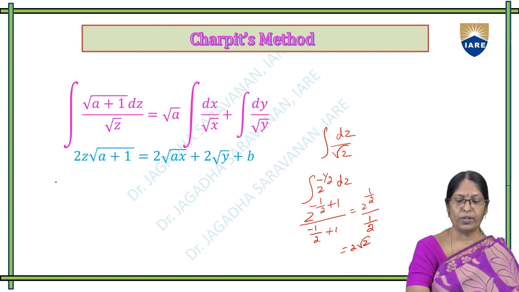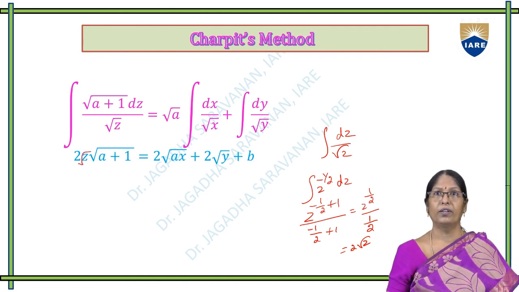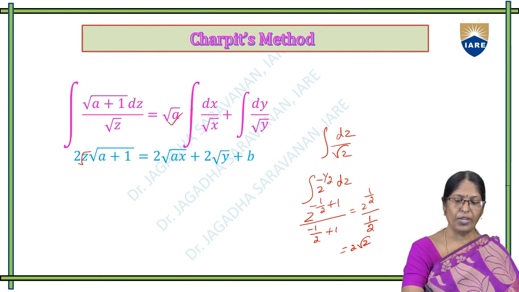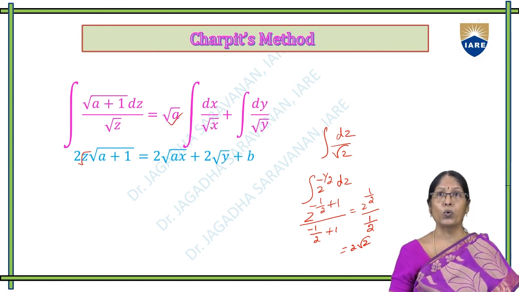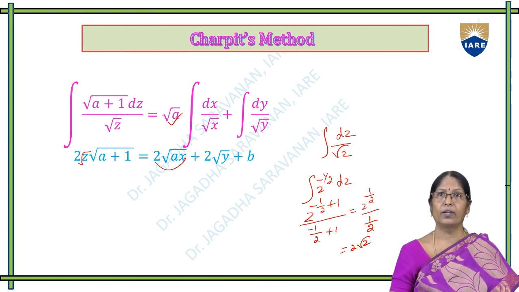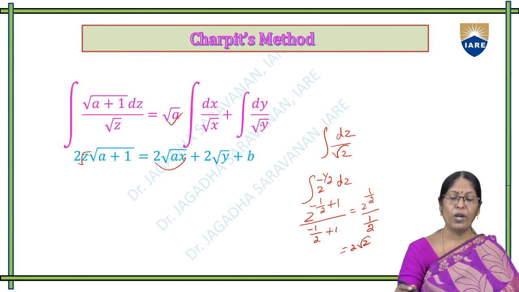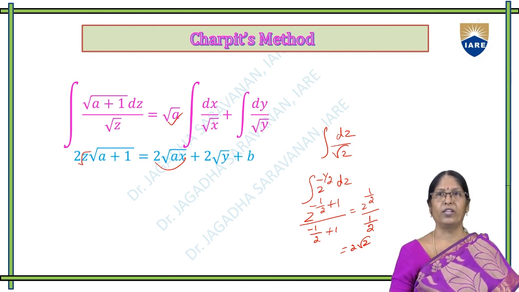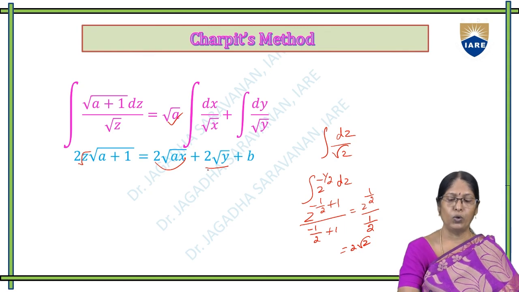Here root z should be there, equal to root a. Similarly, dx by root x is nothing but 2 into root x, plus dy by root y, the integration is 2 root y, similar to what we just did for root z, that is the integration of dy by root y is 2 into root y plus b.